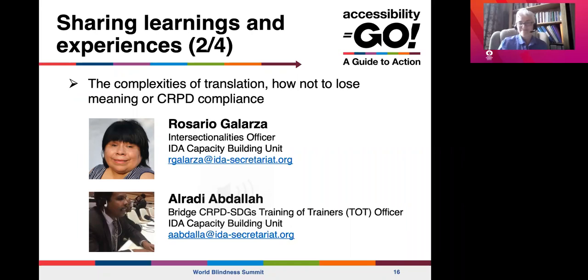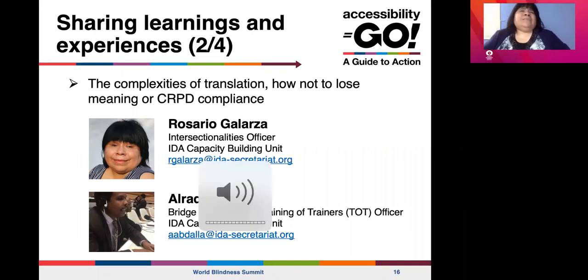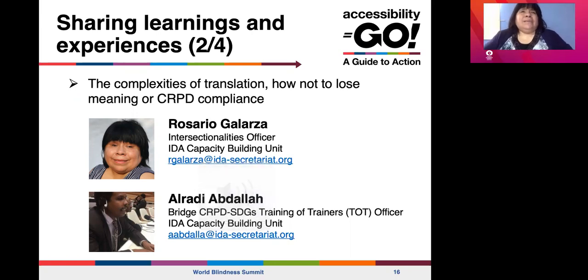Okay, Cathy, especially in this kind of documents that are related to accessibility, to persons with disabilities, in order to translate that you need to have a background, at least within the CRPD, for instance, because most of the language needs to be CRPD compliant.